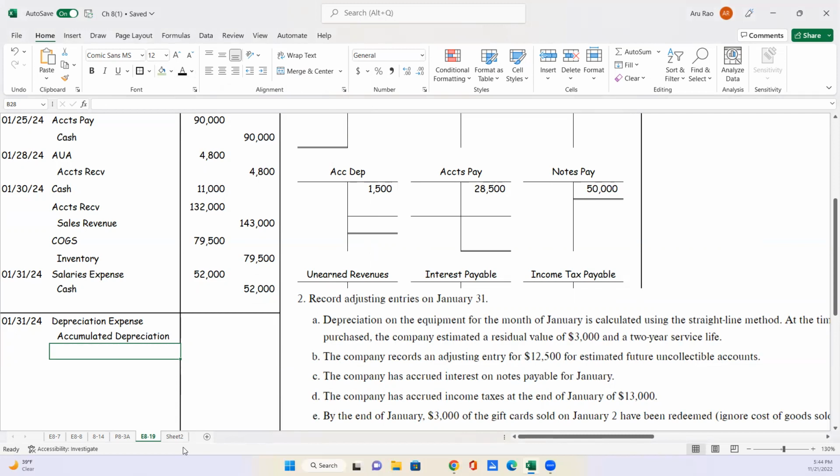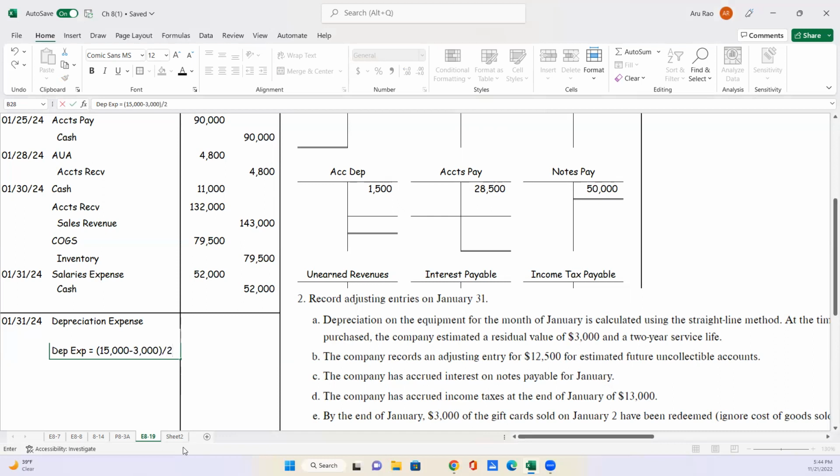Okay, so depreciation expense will be calculated as $15,000 minus 3,000 divided by 2.